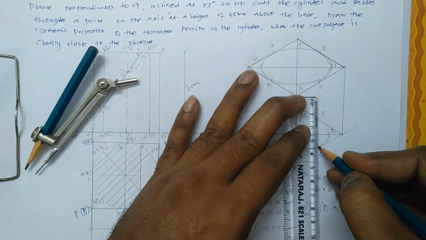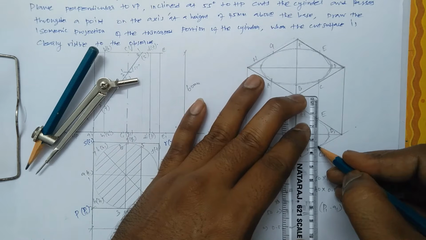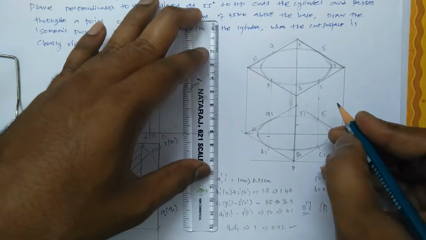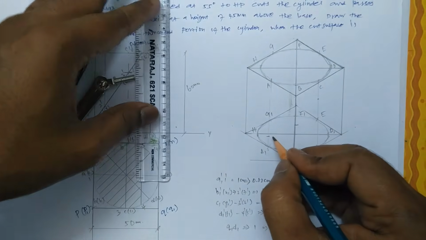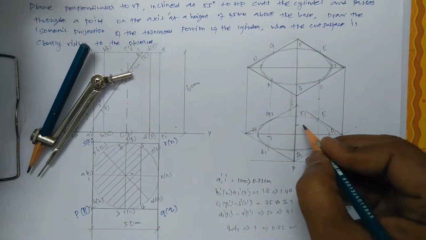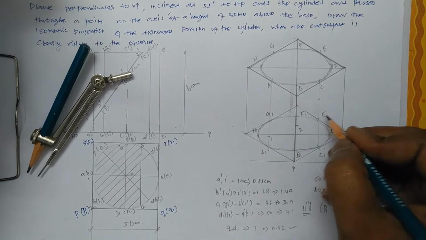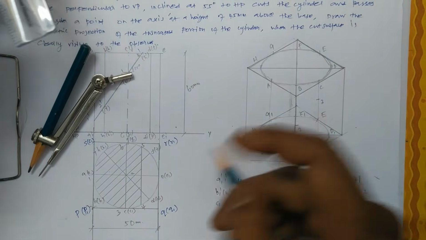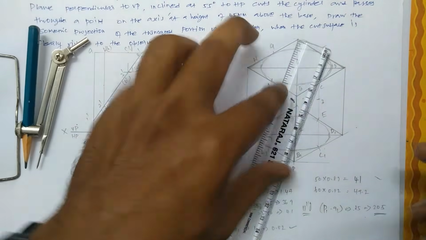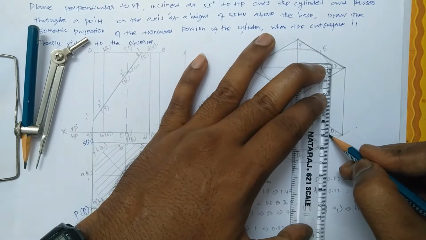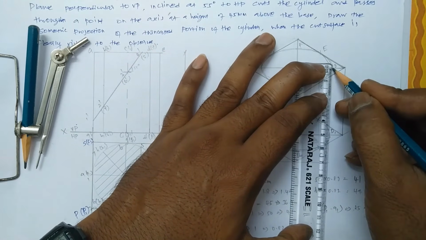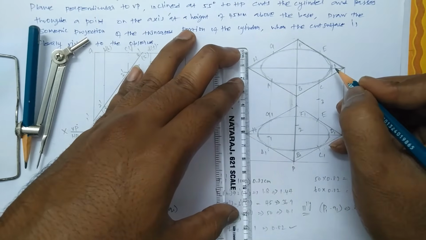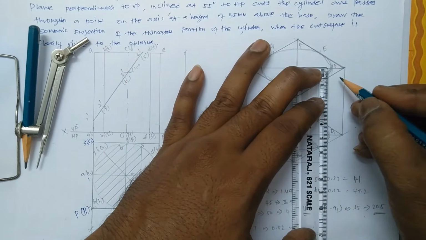You are supposed to be very careful in transferring all the points. This kind of problem will take more time. This is the truncated cylinder. 2, 3, 4 at D, nearer D. At the top there will be a 4.